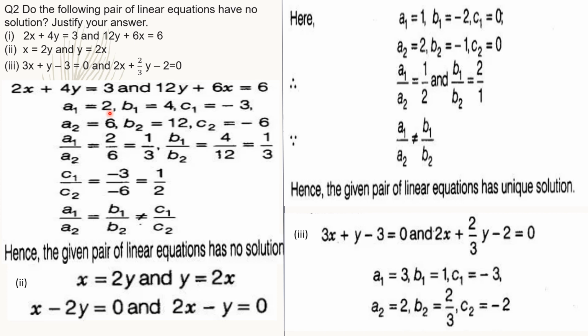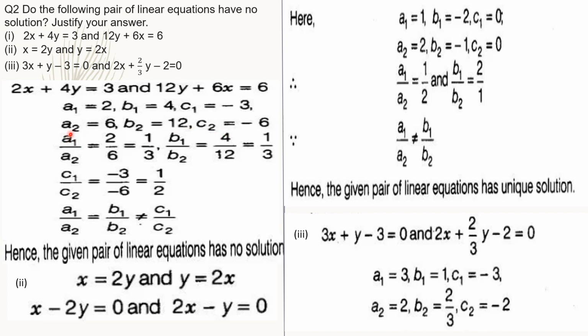Now let us find the coefficients of both equations. The value of a1 equals 2, which is the coefficient of x in equation number first, b1 equals 4, and c1 equals minus 3, which is the constant term of equation number first. Similarly, a2 is equal to 6 and b2 is equal to 12, and the constant term c2 is equal to minus 6.